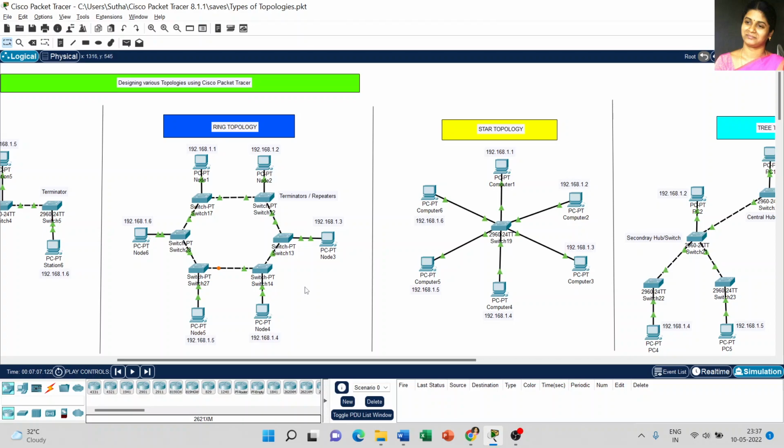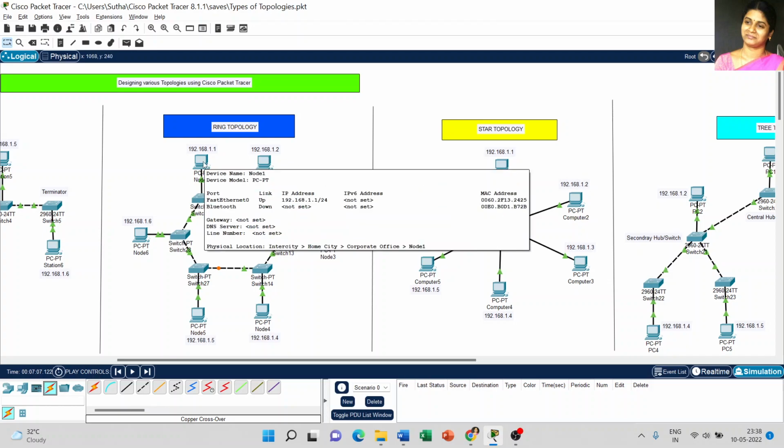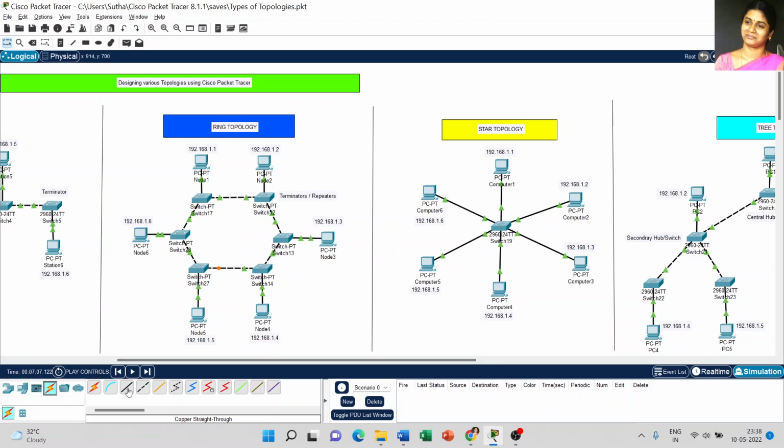The next thing we have to consider in the network structure is that when we are connecting the switches, we have to use a copper crossover line. Remember that when we are connecting switches, we use copper crossover, and when we are connecting a PC to a switch, we use copper straight-through. We should not always depend on the automatic connection type, as sometimes it may not be suitable for some network connections.